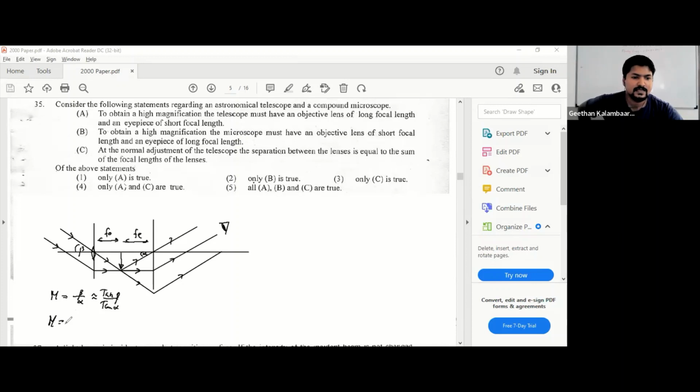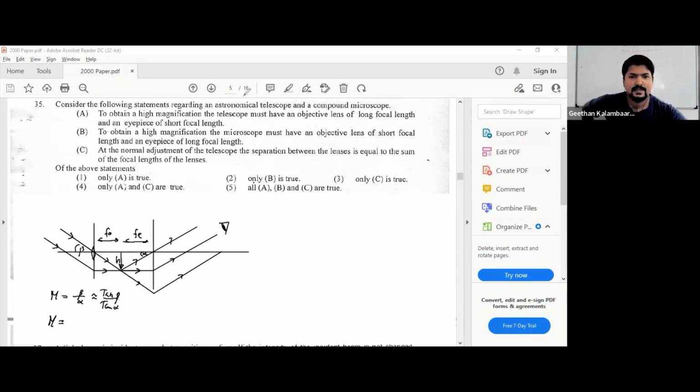So when you write this, if you take this as H, tan beta is H over FO, and tan alpha is H over FE. Sorry, I made a mistake.